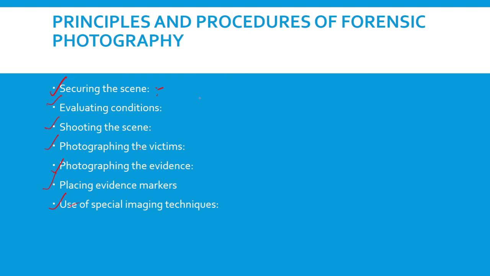While taking the photograph, you have to take it as it is, and there should not be any relocation of the evidence. If there is any relocation in the scene, the photograph will act as wrong evidence. After relocating, when we take the photograph, it will affect the entire investigation. So you have to take the photograph before any tampering, and the scene should be secured. That is the first point.